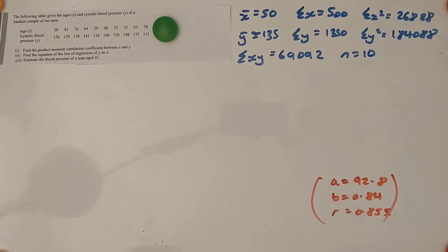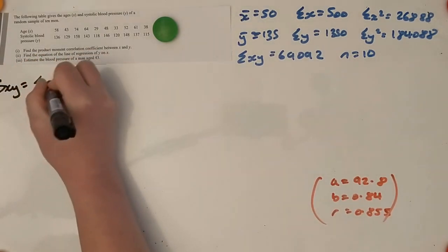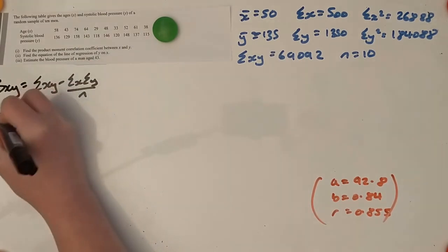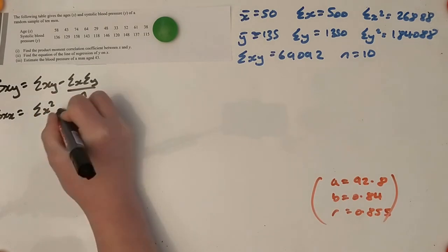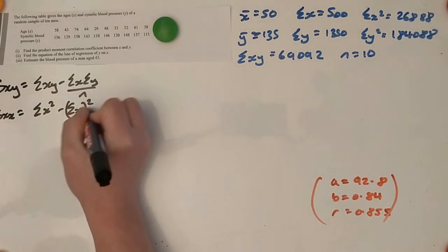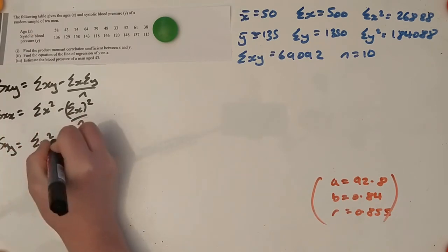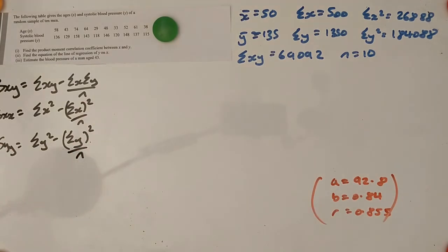Right, let's work out some values. So SXY, sum of xy minus sum of x, sum of y over n. SXX, sum of x squared minus sum of x squared over n. SYY, sum of y squared minus the sum of y squared over n.